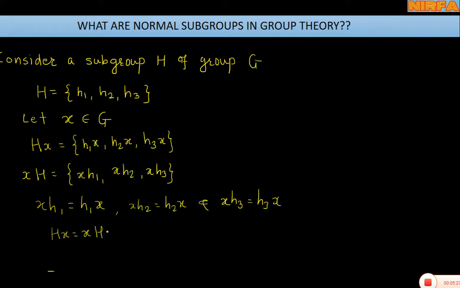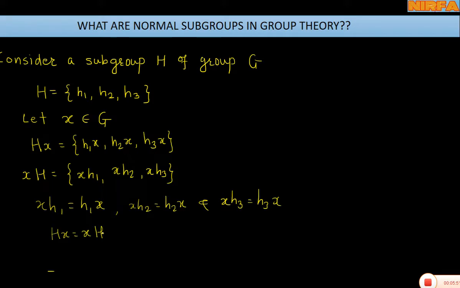Now, this beautiful observation was noticed by the great mathematician Galois. He noticed such cosets and he put remarks on a subgroup H. That is, H would be a special subgroup of G which made Hx is equal to Xh possible.